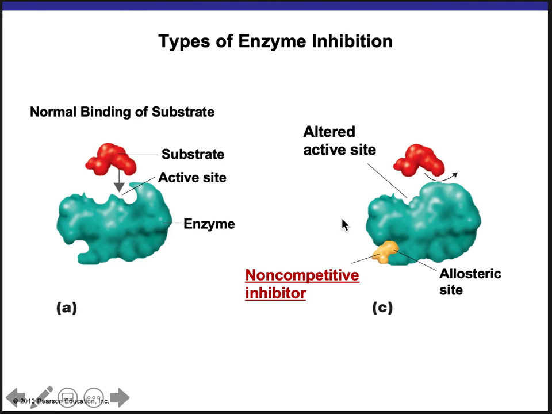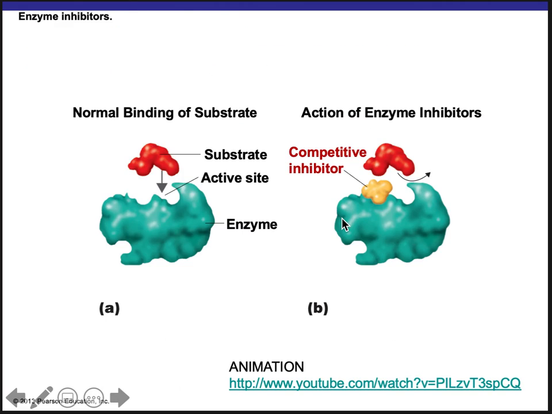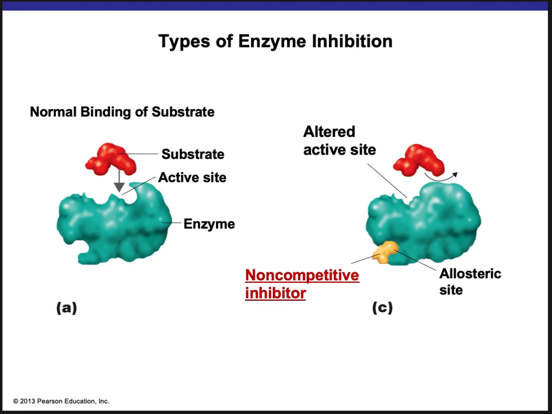And in either of these cases, competitive and non-competitive, the amount of time that the inhibitor stays bound to the enzyme can vary. So that's another thing that you need to take into consideration: is it permanently bound, or is it constantly binding and releasing?